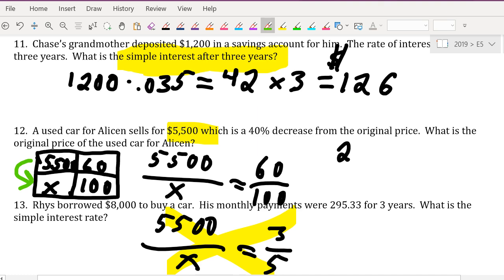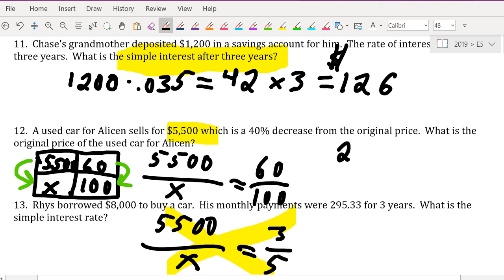Remember, it was a 40% decrease. So that means that actually the percentage is 60, because if we take 40% off of something, it ends up at 60. If you use 40, you won't get the right answer. It's a little tricky. Okay, thank you, Mr. Benny.